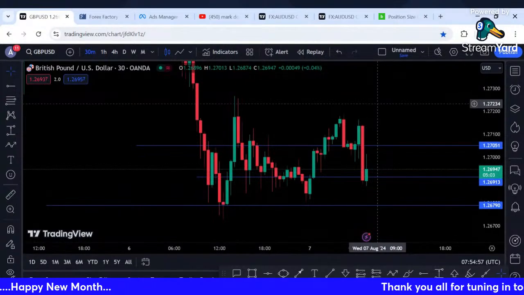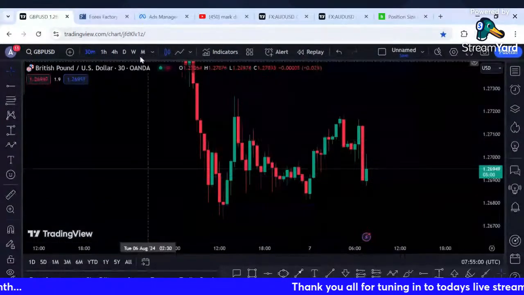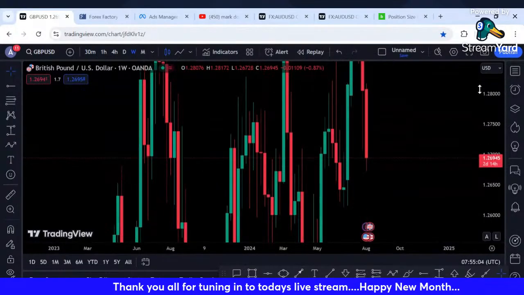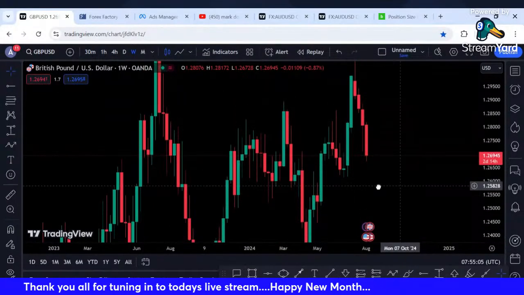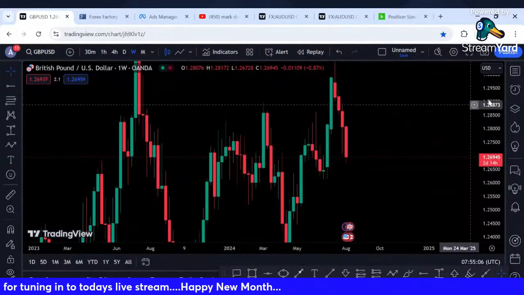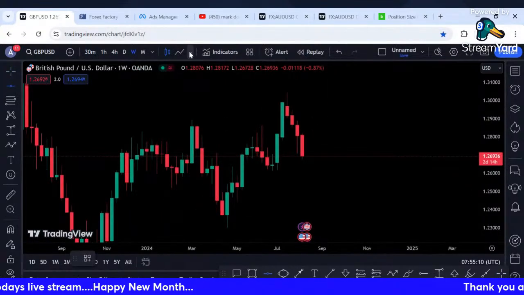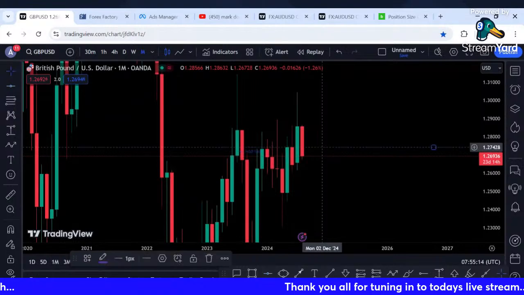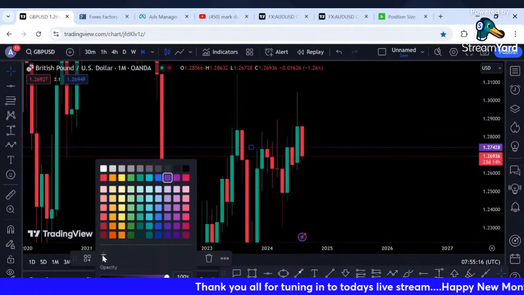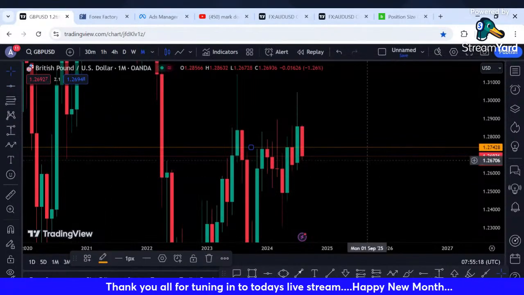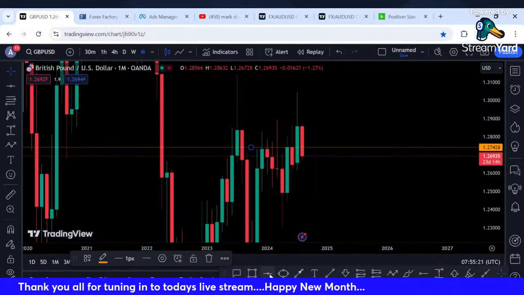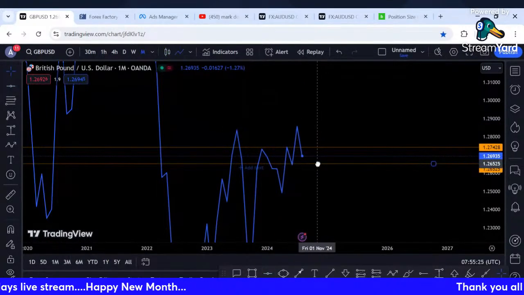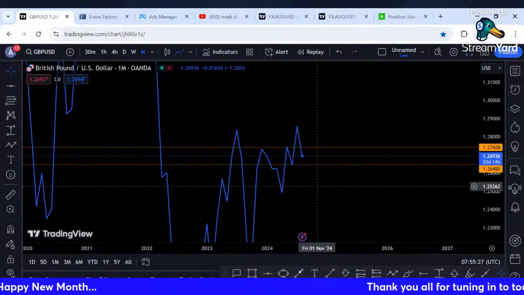So you come to the chart early morning. Let's reanalyze the GBP USD. On the monthly time frame, there was a resistance over here and a support over here.